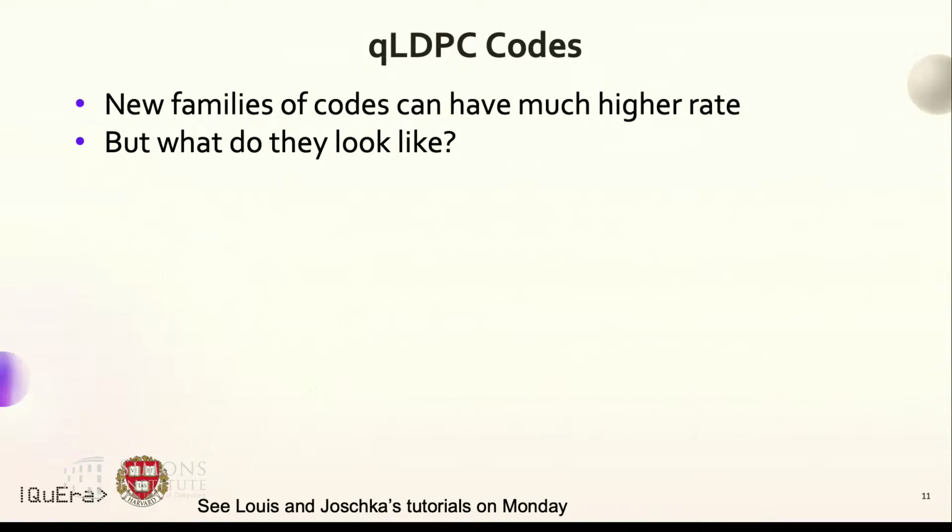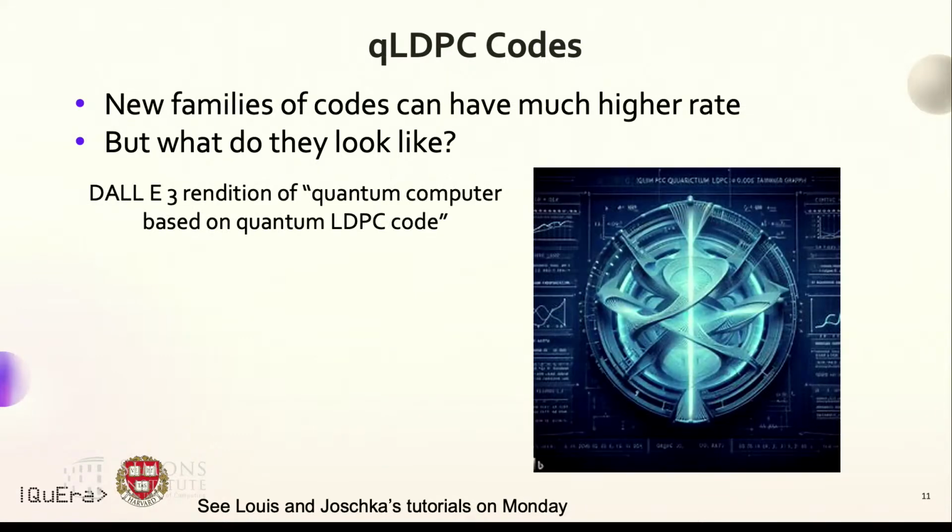So for quantum LDPC codes, there are these codes that can have much higher rate. But if you ask Dali to tell you what they look like, if you didn't know, it might look something pretty random. I think Yoshka also had some very nice illustrations in his talk, where if you just naively draw a lot of the diagrams, it's a whole jumbled mess.